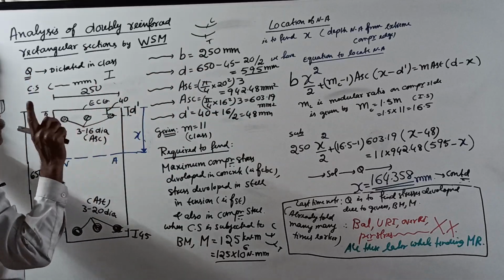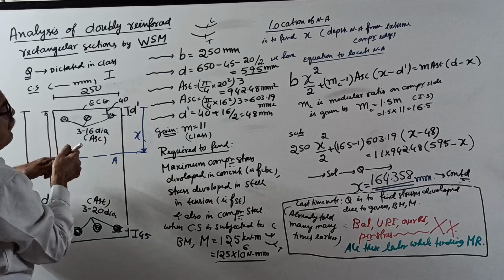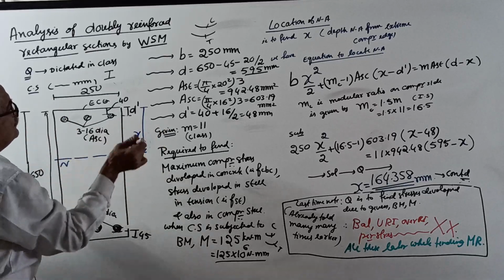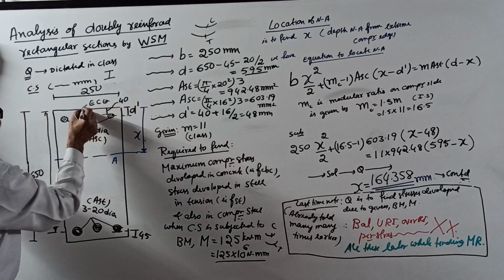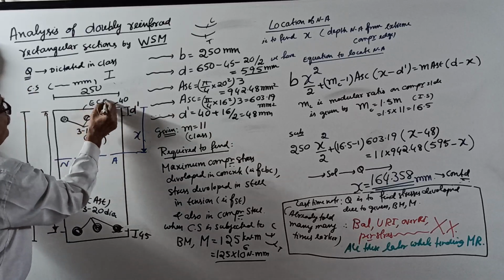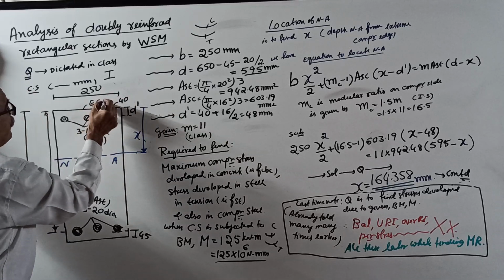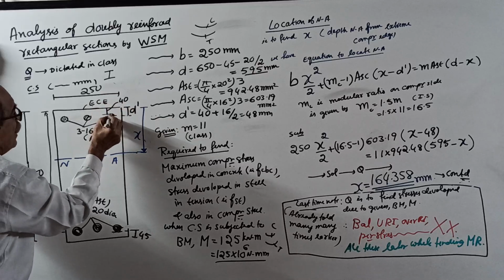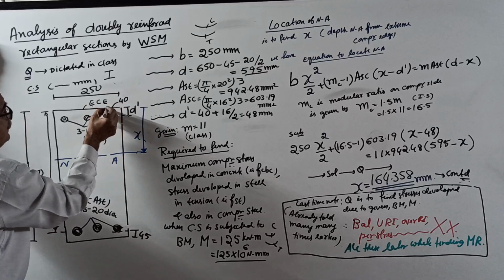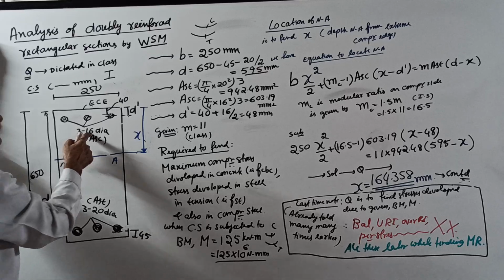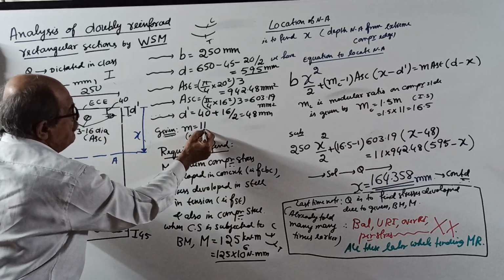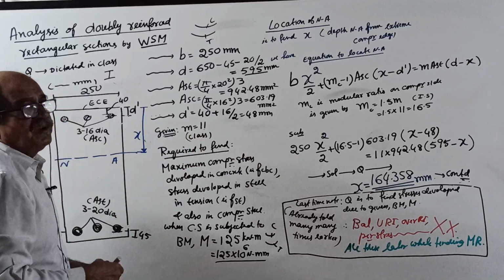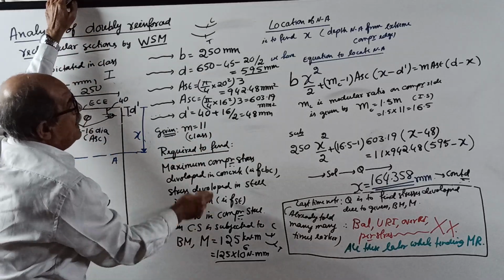Then you need one more term, effective cover to compression steel, that is, from the extreme compression edge to the center of compression steel. 40 clear cover plus half of 16, 16 by 2, 48. In the question given, m equal to 11. Required find, I already told.